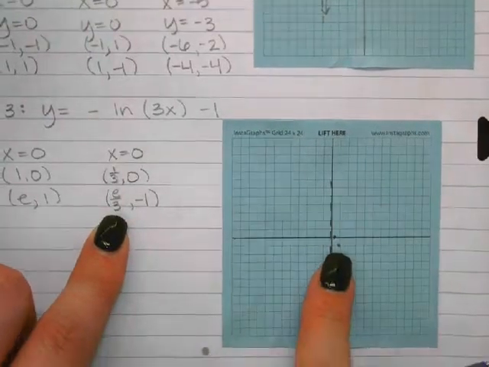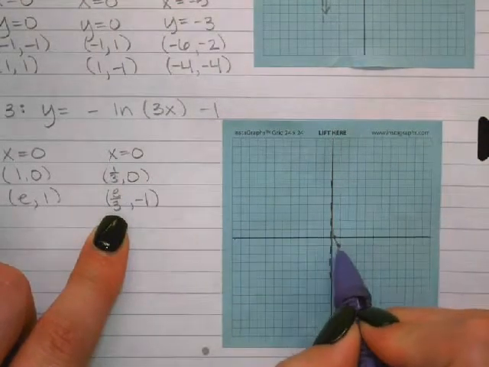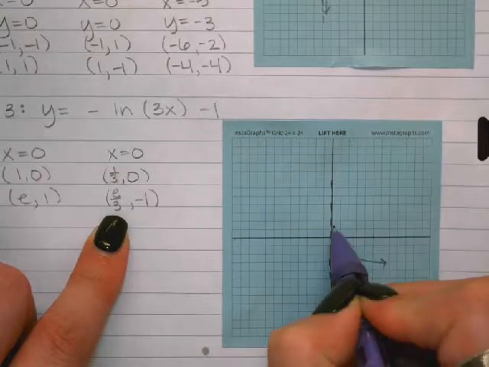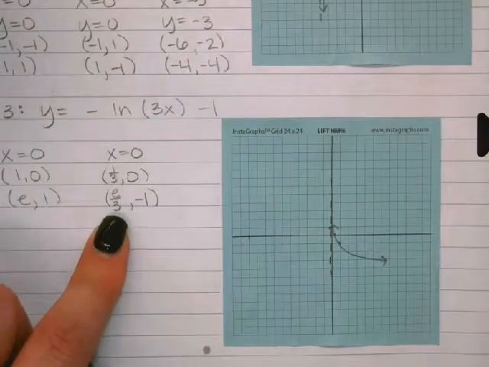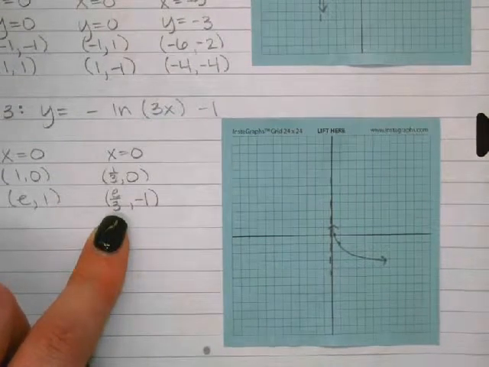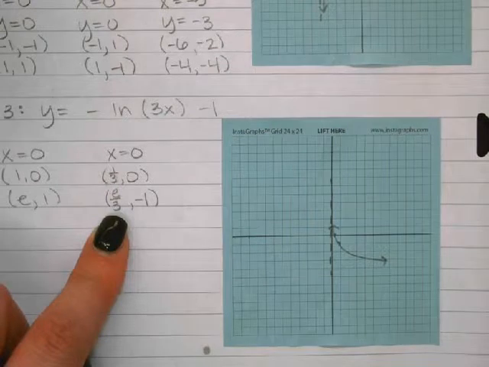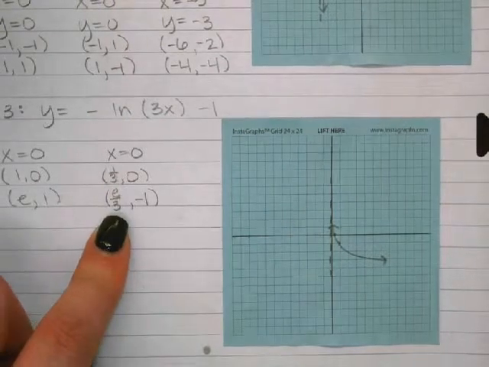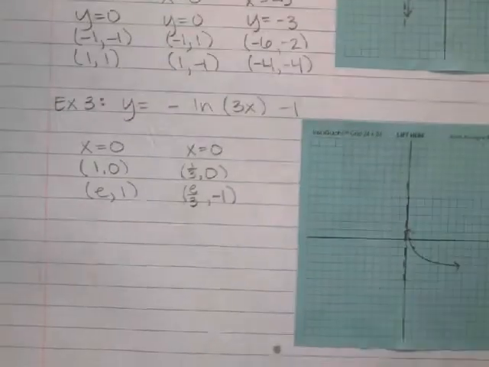So this little itty-bitty thing is what our graph would look like. And of course, just like I was saying before when we were in the order of operations section, it's always good when you're practicing these by hand to plug it back into the calculator and make sure you got it right. I would do that, but I put my calculator away already. All right, example 4.